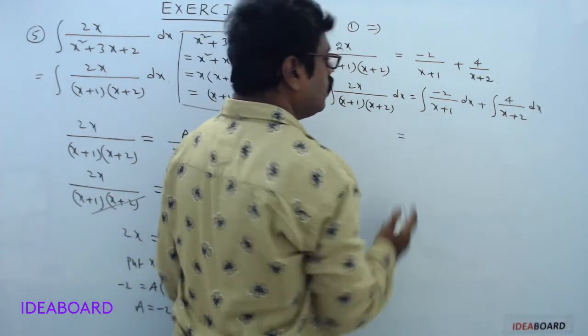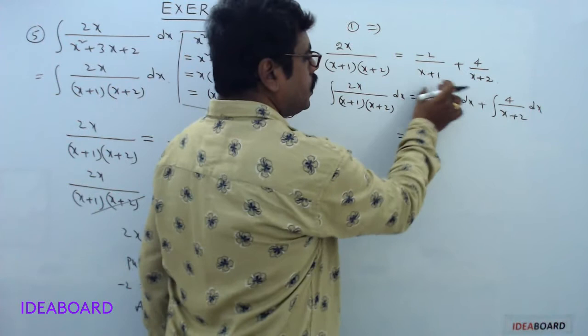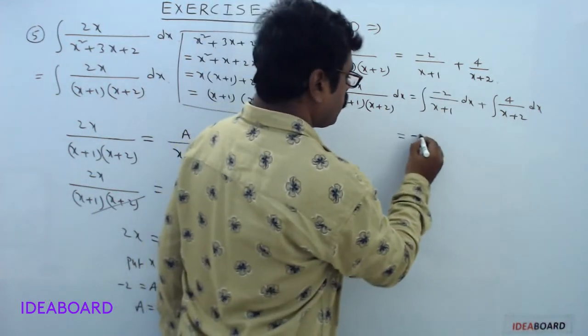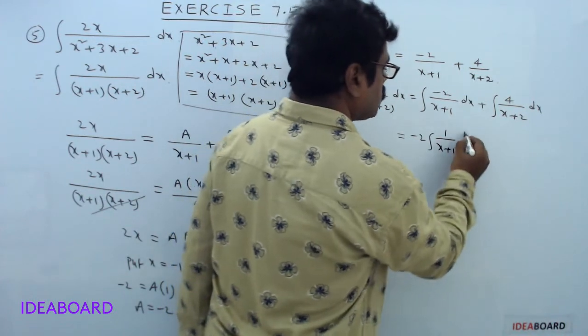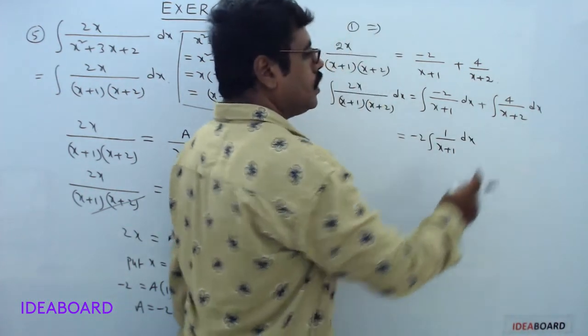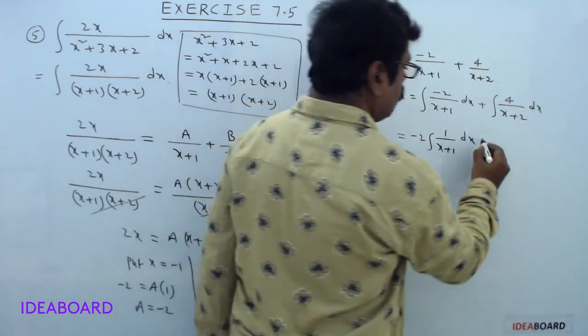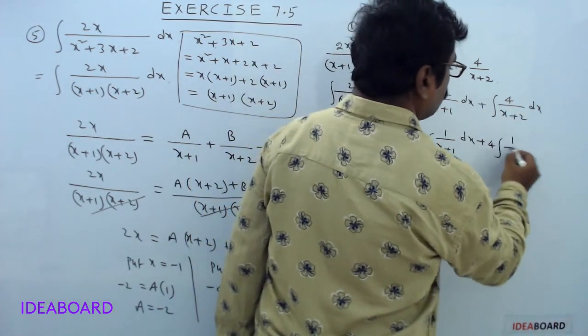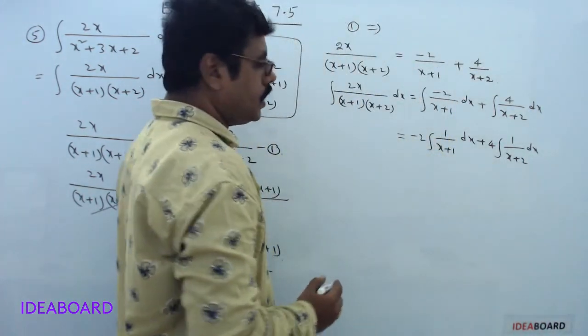Now minus 2 is a constant term, so you can write it outside of the integral: minus 2 into integral 1 by x plus 1 dx. Here 4 is the constant term. You can take it outside of the integral: 4 into integral 1 by x plus 2 dx.